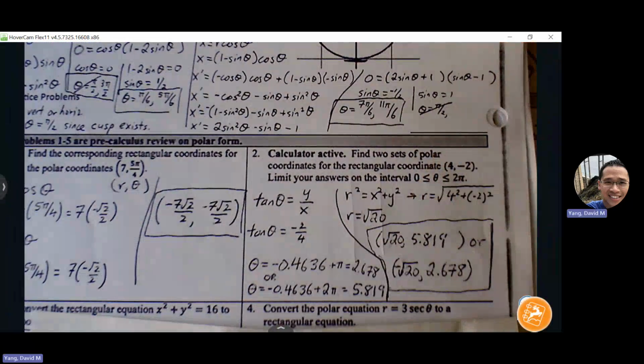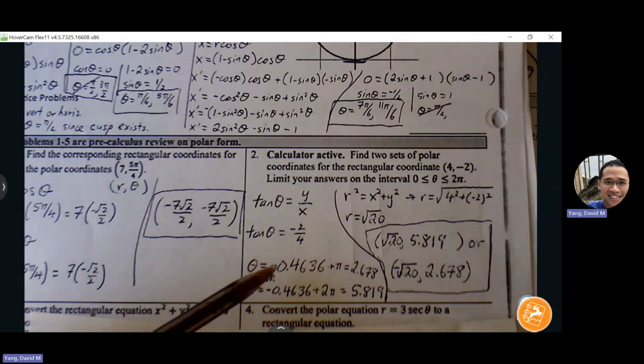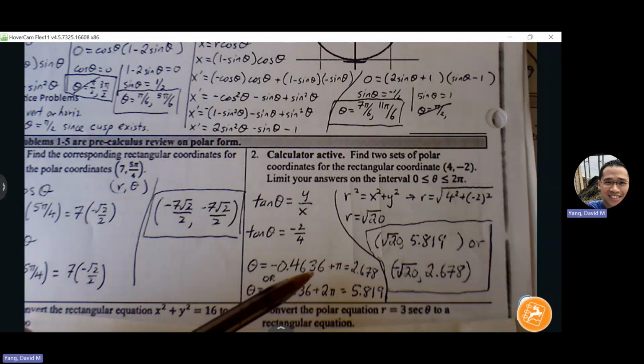So we know that tangent of theta is y over x. Tangent theta is -2 over 4. Solve for theta. We get -0.4636. Now, this is basically in the fourth quadrant, right?